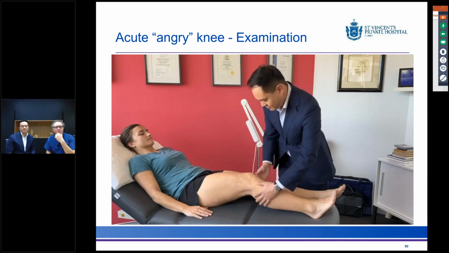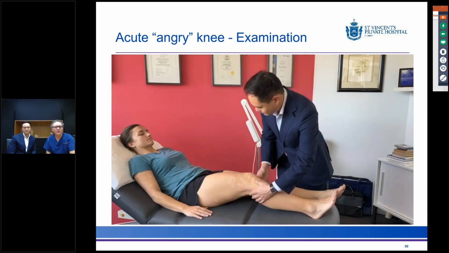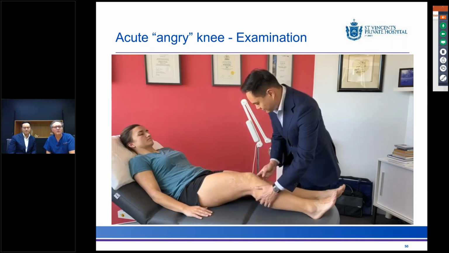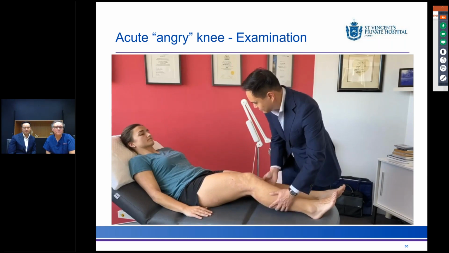Feeling for any tenderness over the hamstring, biceps femoris down to fibular head, medial joint line, medial collateral ligament, down to the insertion of the hamstrings. Always asking if it's painful.